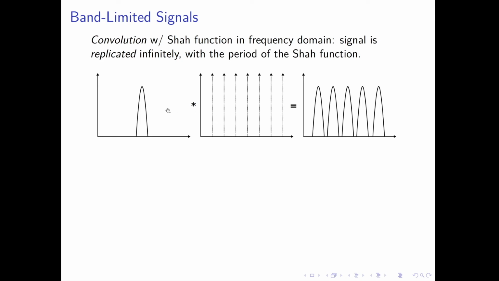So when we compute the convolution of a band-limited function with the Shah function, this results in the signal being replicated, and we obtain an infinite amount of copies. So now we have talked about the left half of the sampling and reconstruction function.